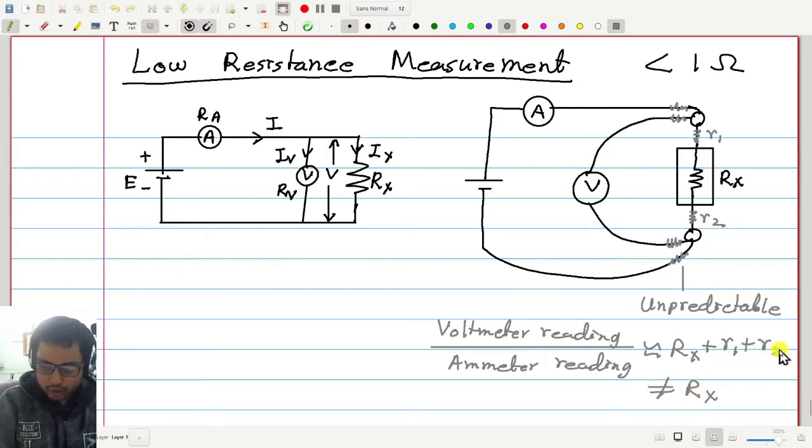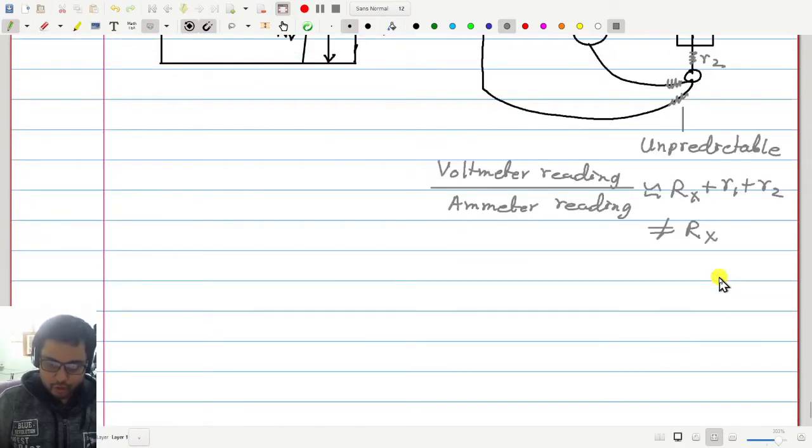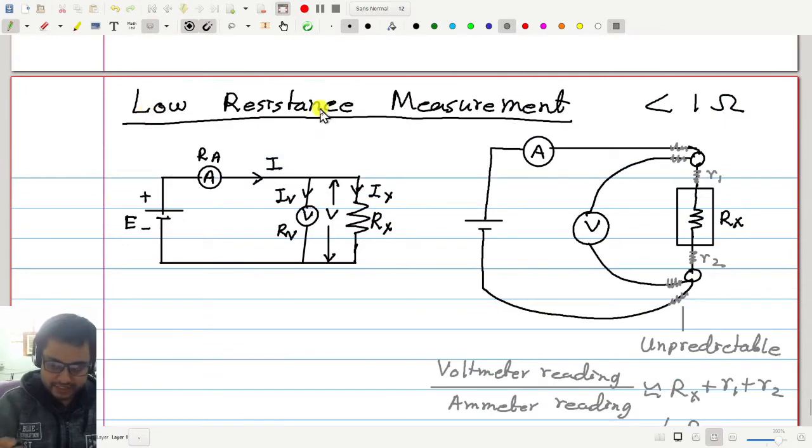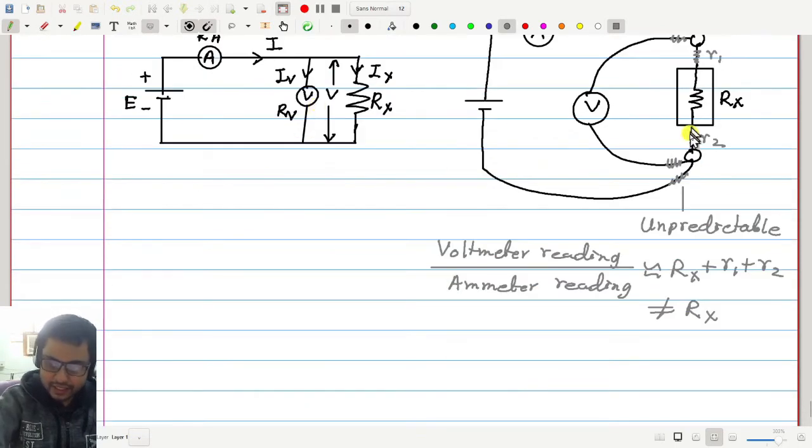Normally little r1, little r2 are small and not a problem, but when Rx itself is small, then you are making a large percentage error, a large relative error, and that is the problem. Because we are talking about low resistance measurement, these little r1, r2 are not little problems but big problems.